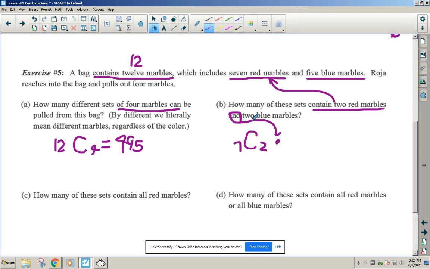Blue, I want 2 blue marbles. So now the condition on my 5 blue marbles is I want to choose 2 of them. So here we get 7 choose 2. If you use your calculator, that's 21. And 5 choose 2, using your calculator, that's 10. There are now only 210 ways we can do this.